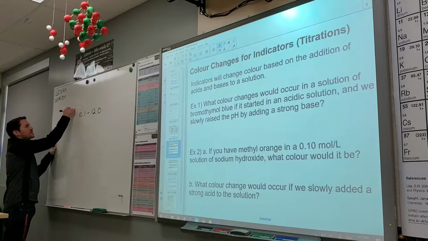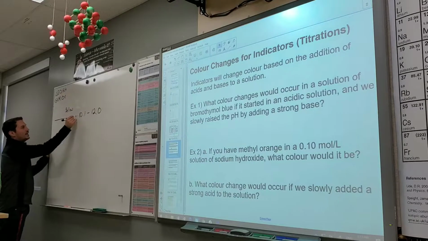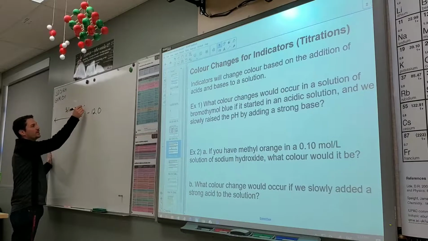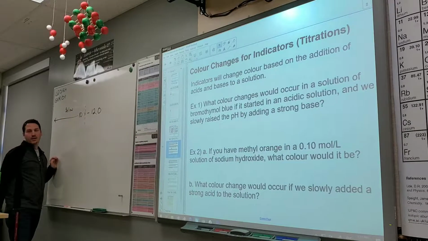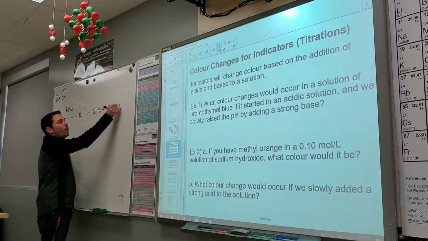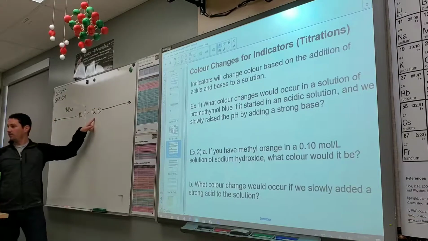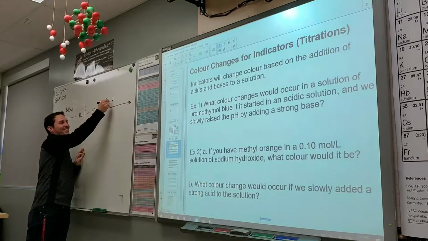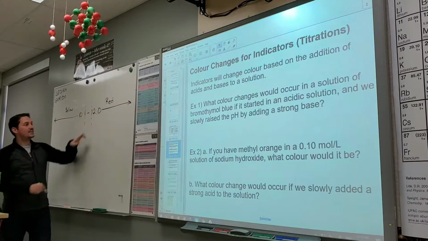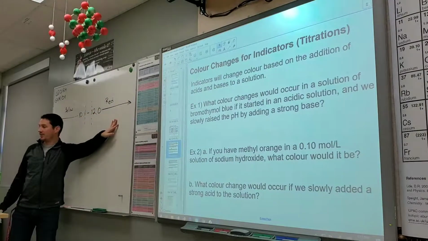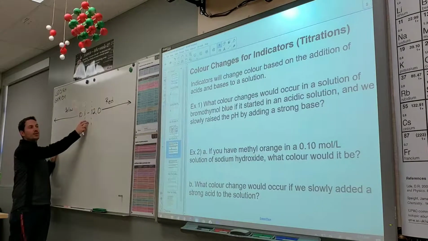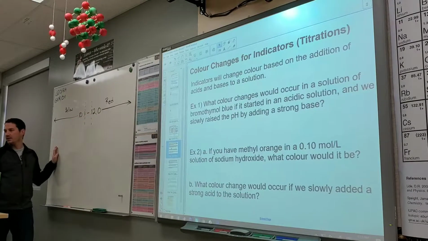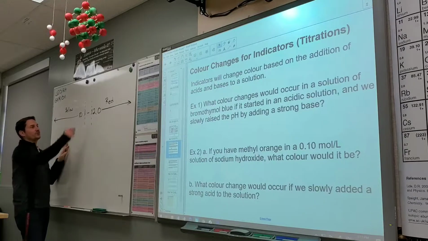So anything less than this will be yellow all the way up until here. Anything more than 12 will be what color? Red. And that's including 12 or higher, right? So what's going to be in the middle? What's 12.2 to 11.9? It's going to be orange, right?